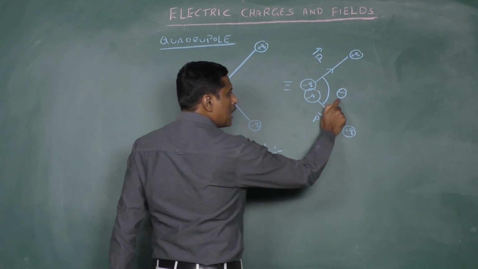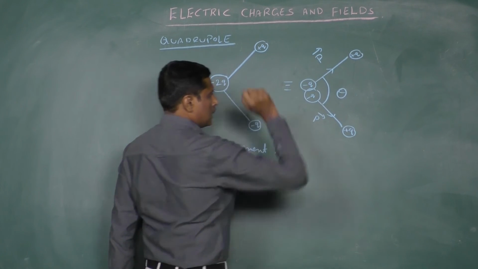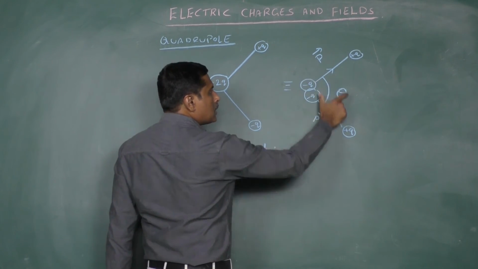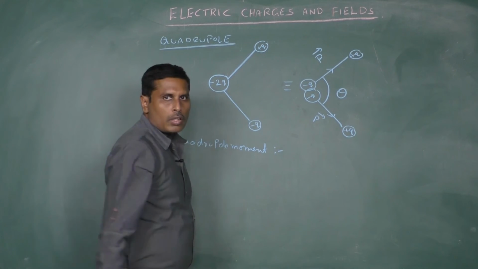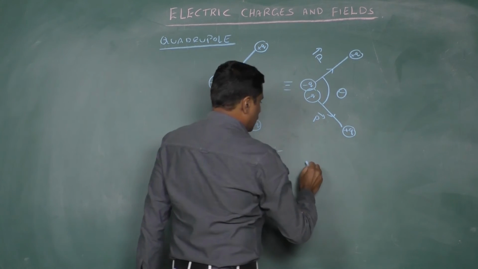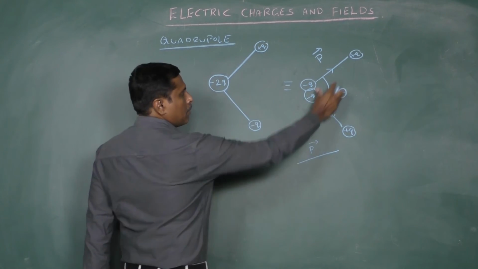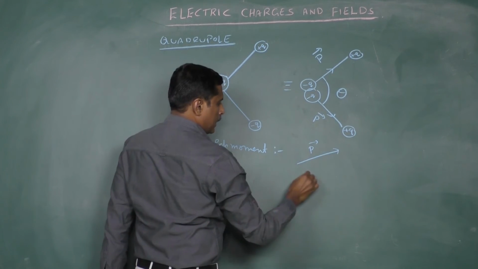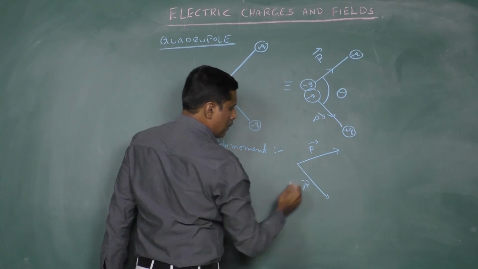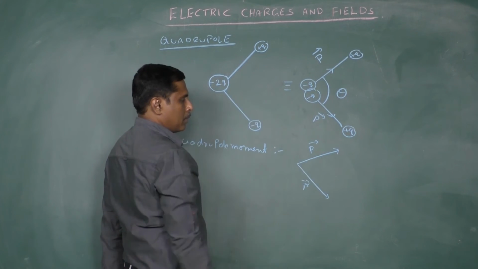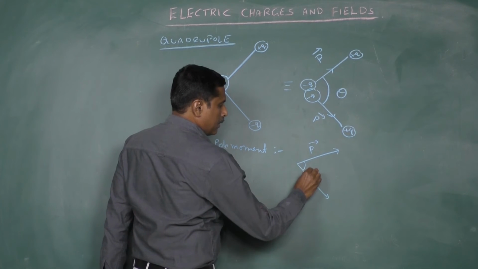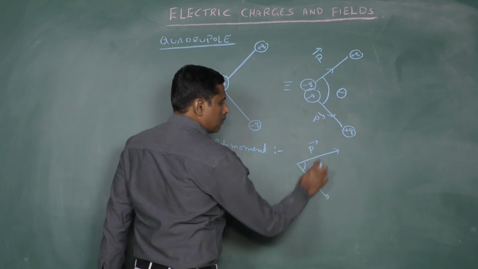Now what is the net dipole moment of this system? So here we can write this is P bar, the dipole moment of the first dipole, and this is P bar, the dipole moment of the second dipole, and theta is the angle between them.